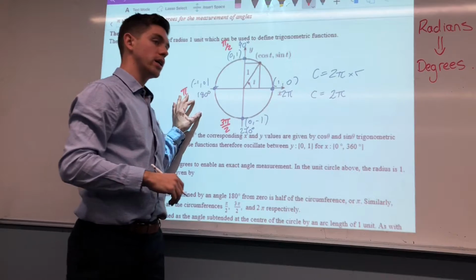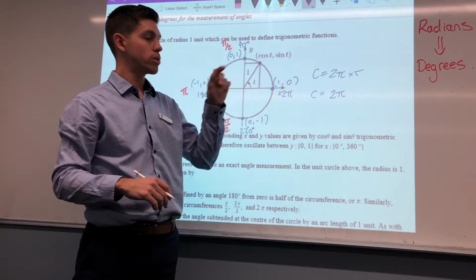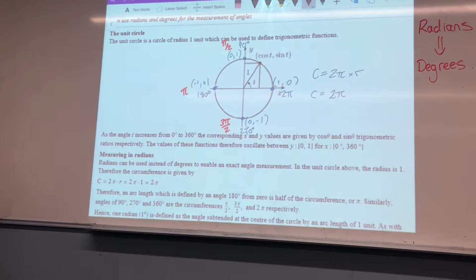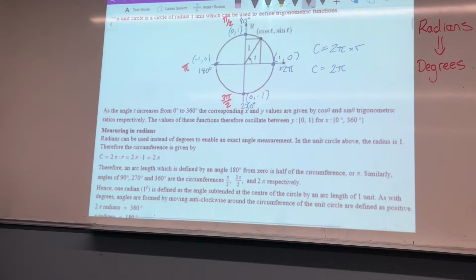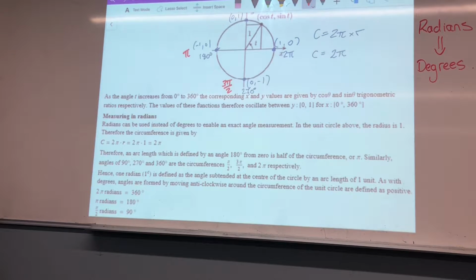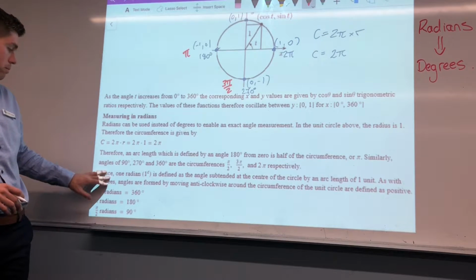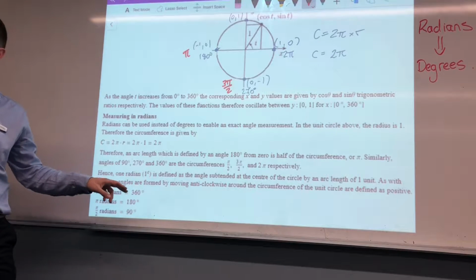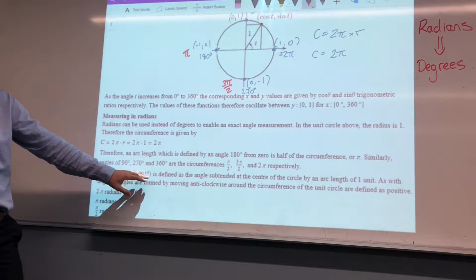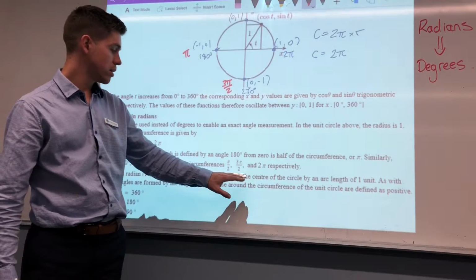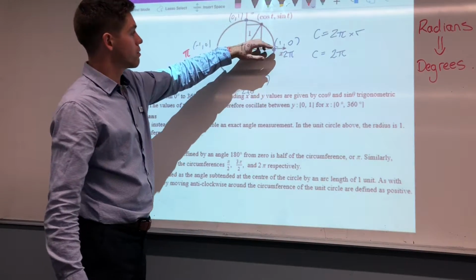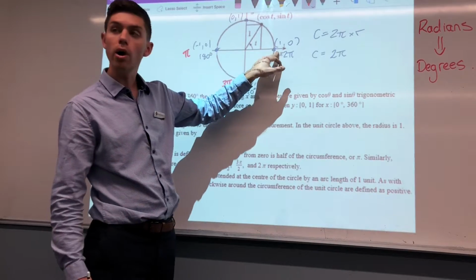So what we've defined here is a measuring system, which we refer to as radians, where 1 radian, and we define radians with a little c instead of the little circle for degrees, is defined as the angle subtended at the center of the circle by an arc length of 1 unit. So from here to here is 2 pi.